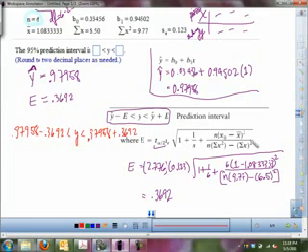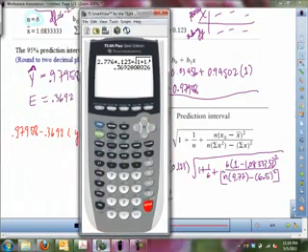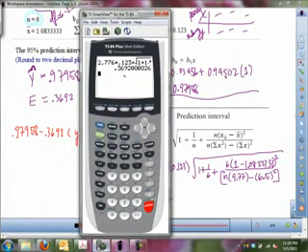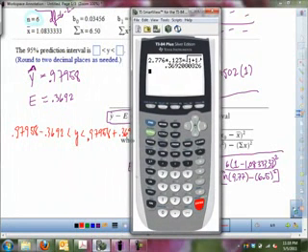So let's see if we can do this in our calculators the easy way. We have, actually, this is the margin of error. We can just punch that in the calculator or put it in the memory. Let's just punch the whole thing in our calculator.